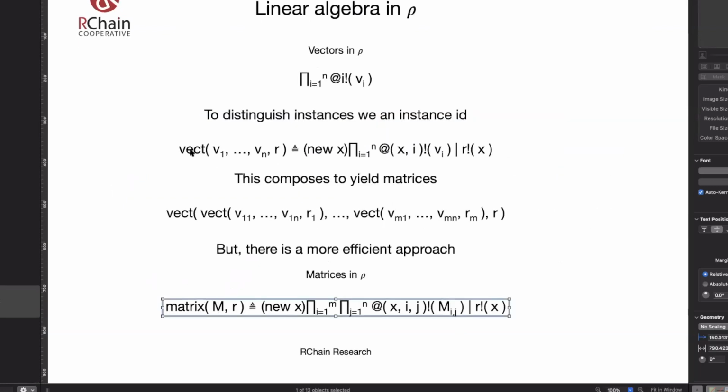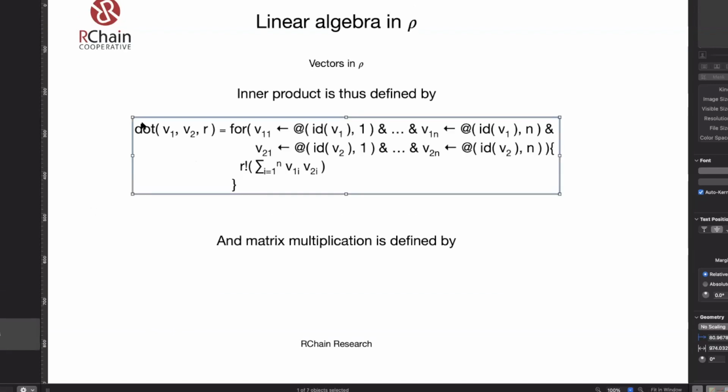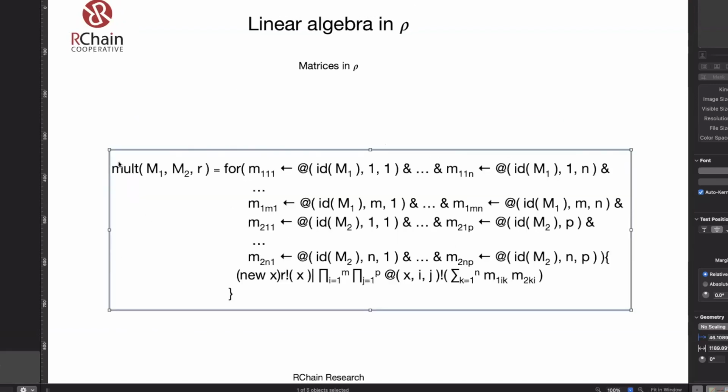So the left-hand side is the thing that you would write in Rholang as your shortcut. This is your constructor. This is your operation. So it gives people a high level of compression.